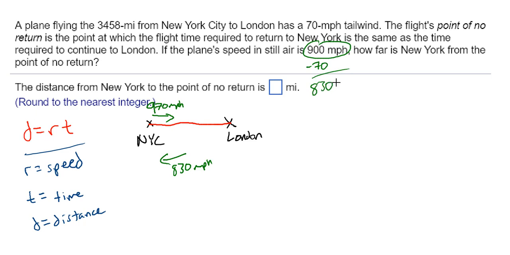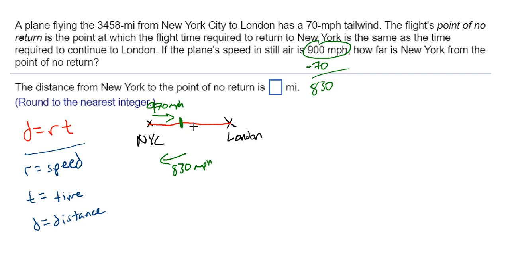So we have a different speed depending on which direction we're moving in. If we're heading toward London, the speed is 970. If we're heading back to New York, the speed is 830. All right, and we want to find the point of no return, so it's some distance right here.